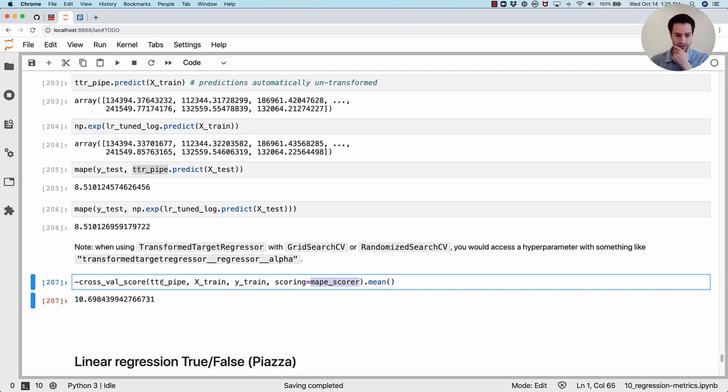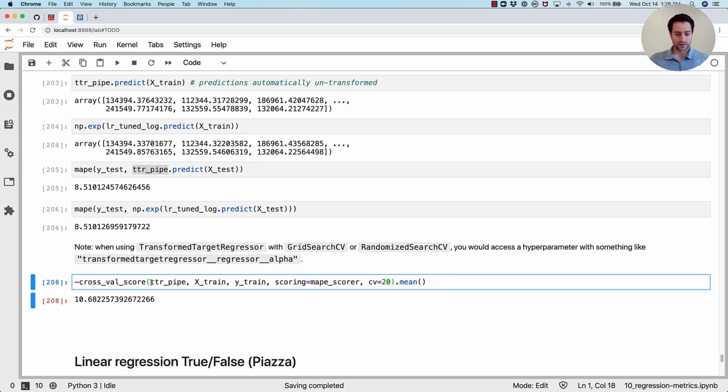And then I can pass in my own score. And so now I actually have a cross-validation score, and I can at least do a lot more folds.